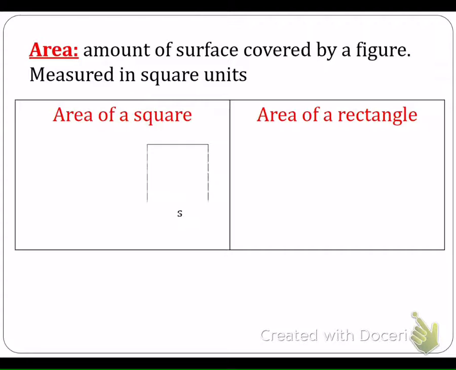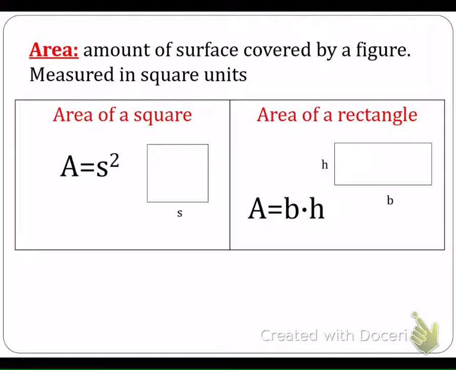So to find the area of the square, remember in a square all the sides are congruent, so you just take that side and you square it. Rectangle is very similar, but remember that we have 2 dimensions for a rectangle. Opposite angles are congruent, so you take the base and the height and you multiply those together.